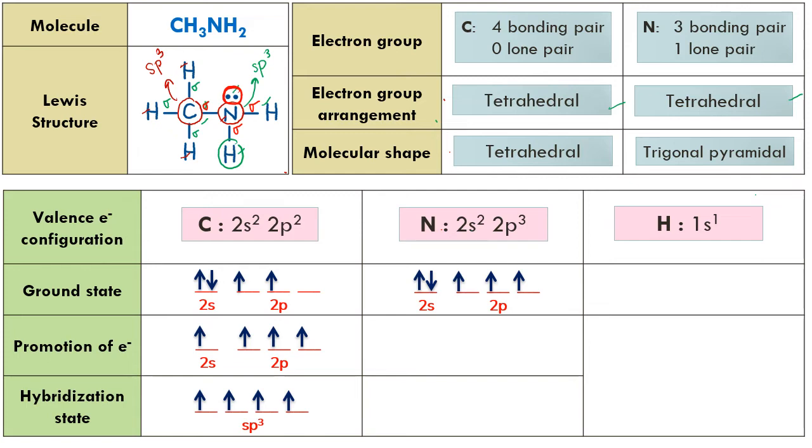Okay, and then as you can see over here, untuk nitrogen, okay, dia dah ada 3 single electron, tapi macam kita dah buat sebelum ni, kita akan tunjukkan saja promotion of electron like this. Okay, so yang mana dekat sini ada 3 single electron for the 3 sigma bond, dan pada 2s we have a pair of electron to show that it's our lone pair. So mix the 2s and 2p orbitals together. Okay, so kita akan dapat 4 sp3 orbital.